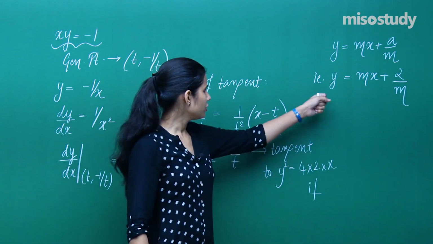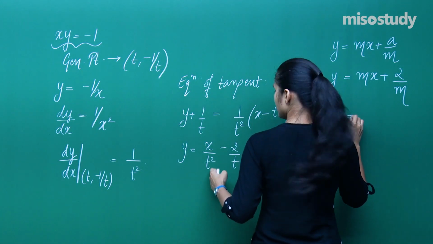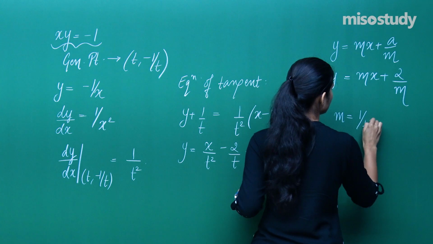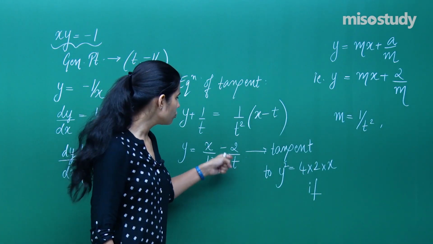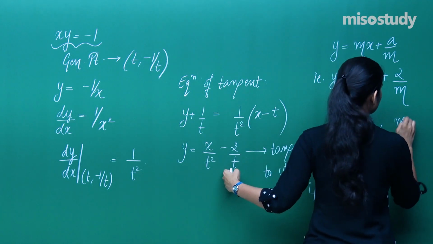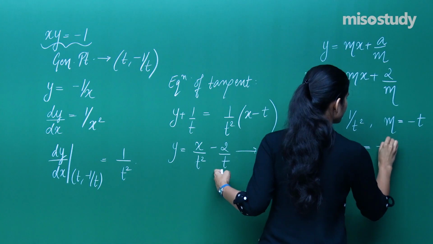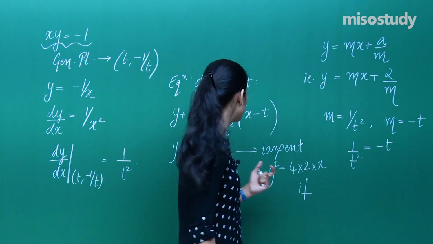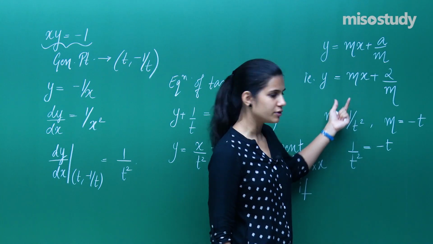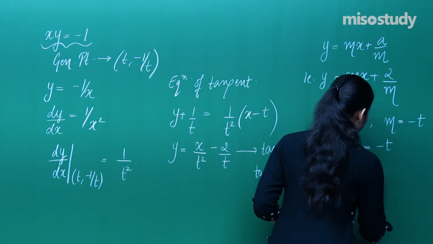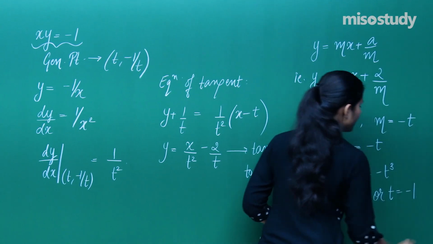If you compare both of them, y equals mx, so m comes out to be 1 by t square, and from 2 by m, m comes out to be minus t. When you equate both of them, because both of them are values of m for which this particular line is a tangent to my standard parabola y square equals 4 into 2 into x, I get 1 equals minus t cube, or t is minus 1.